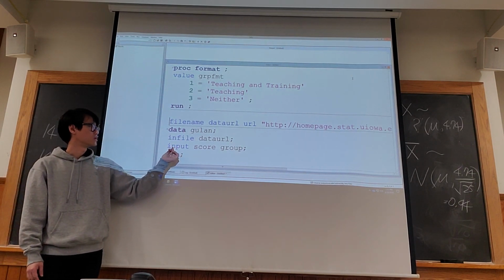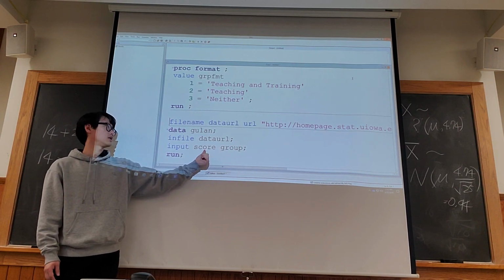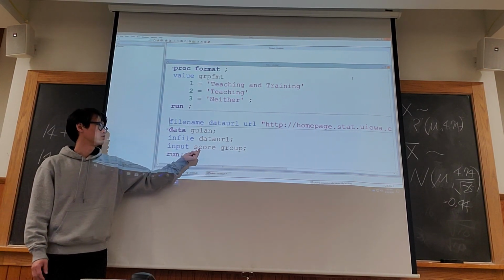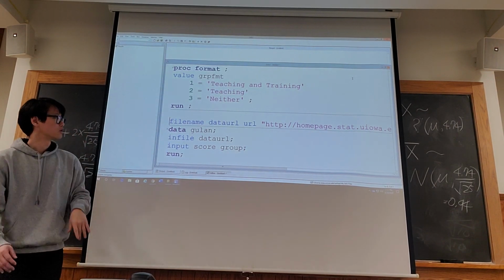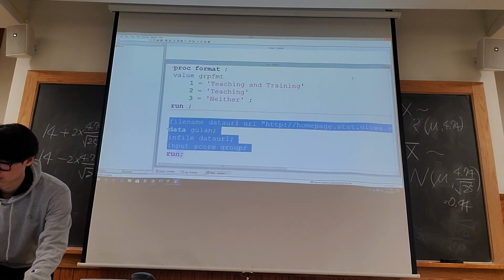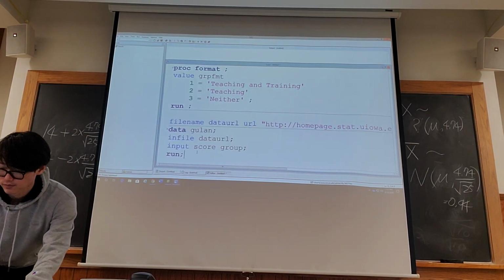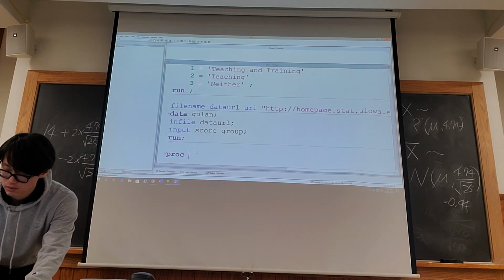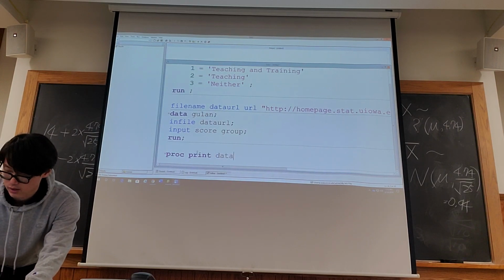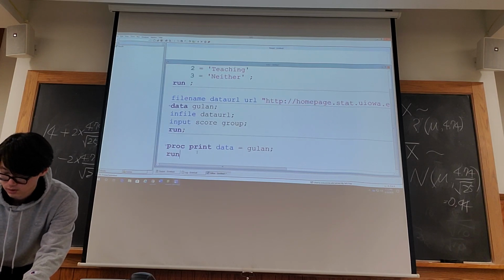And we just let SAS know that we're going to use 2 variables. The first variable is the score, and the second one represents the group. If I submit this one and then run, I will get just the data. So I can use proc print data equals, run.